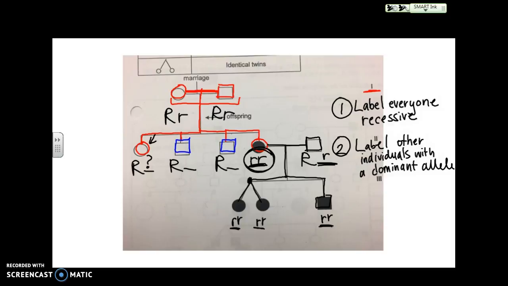We don't know. What did they give this son? We don't know. That's because if the mom gives a big R, dad could have given a big R or little r, and it would still be the same result. And the trait wouldn't be filled in because they don't carry that trait.